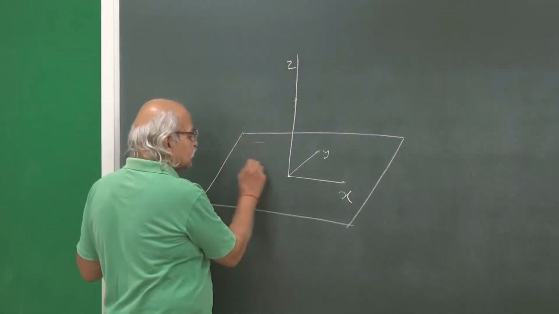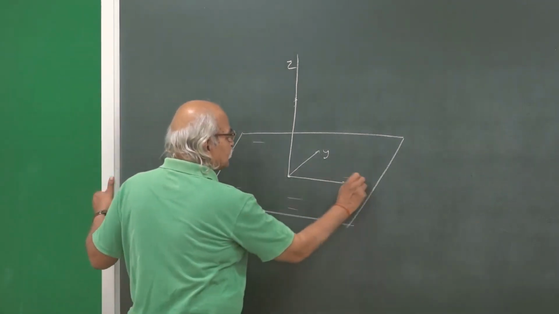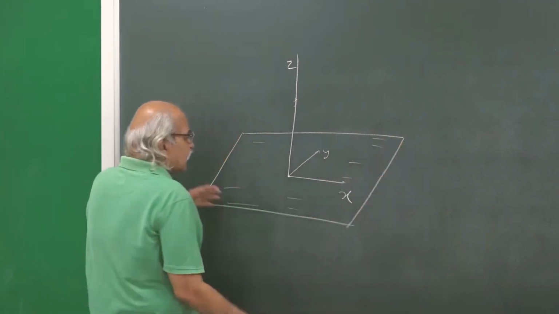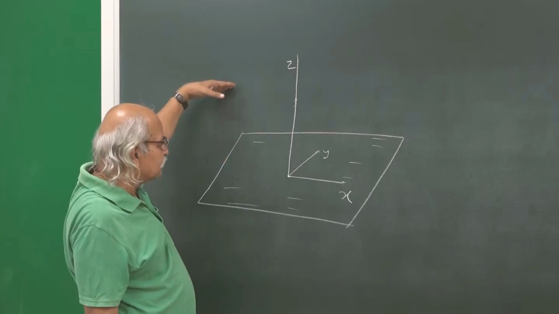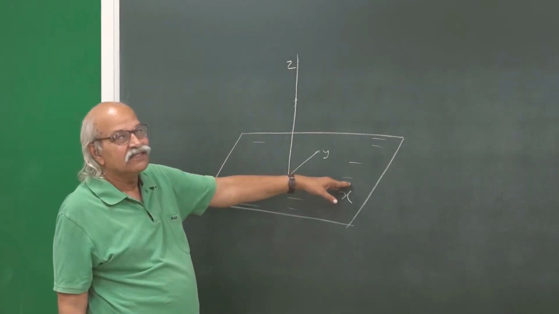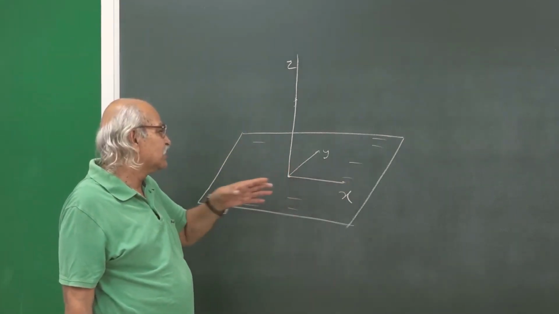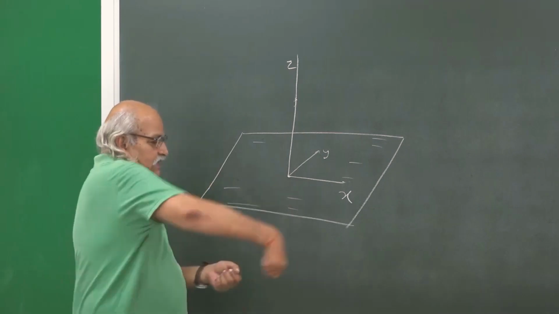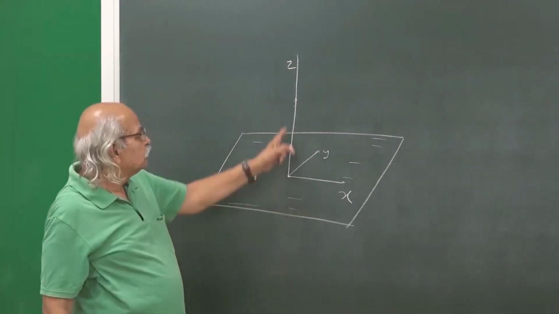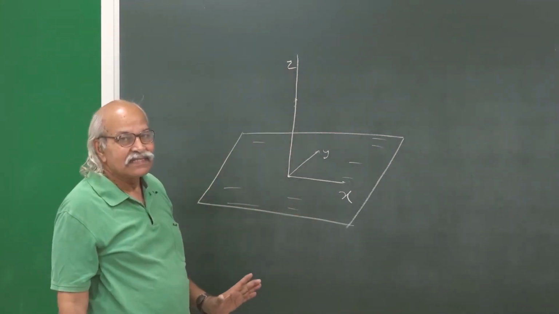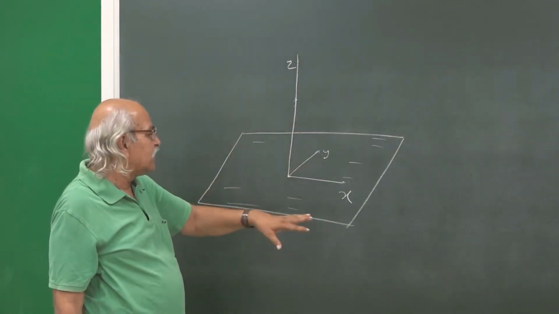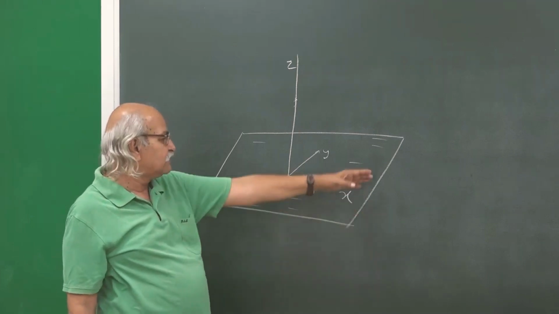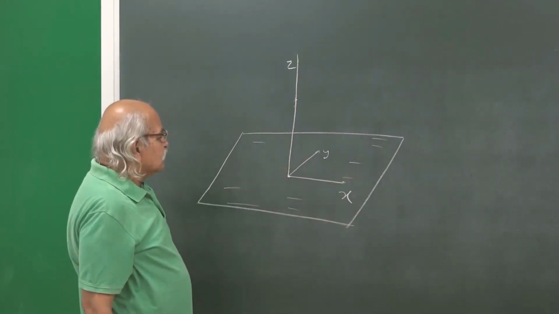This is our xy plane, part of it this way and part of it the other way. The x axis is here, the positive y direction is going into the board, and then x cross y, if you do, you get this vertical z direction. And this is an infinite plane, it is a large plane, there are no boundaries as such for our calculations.